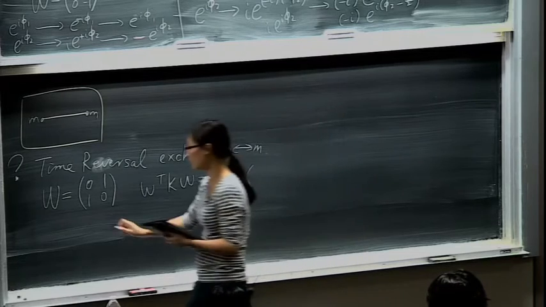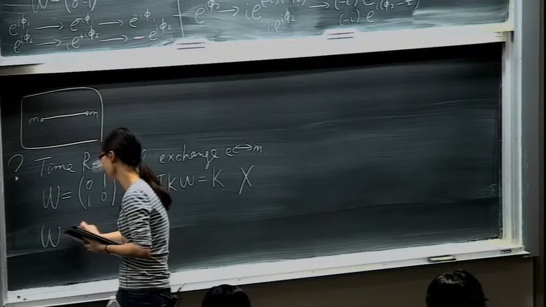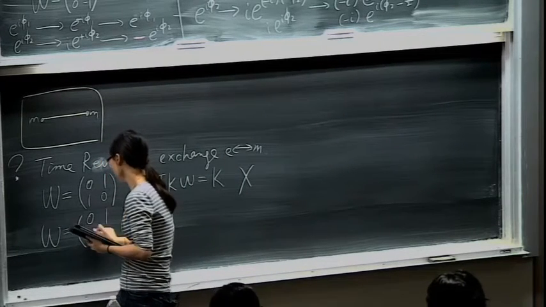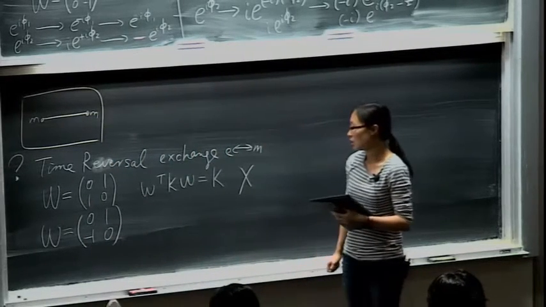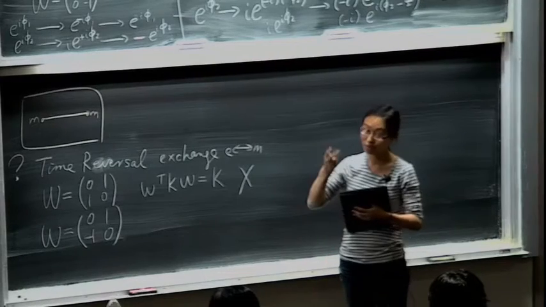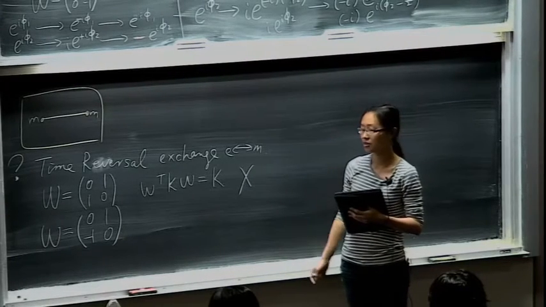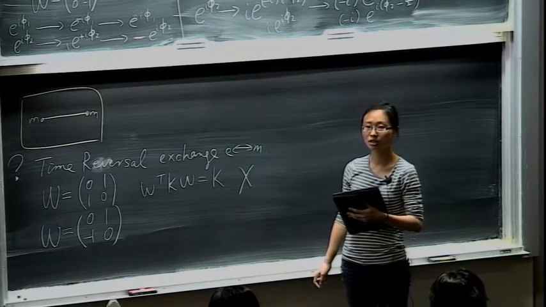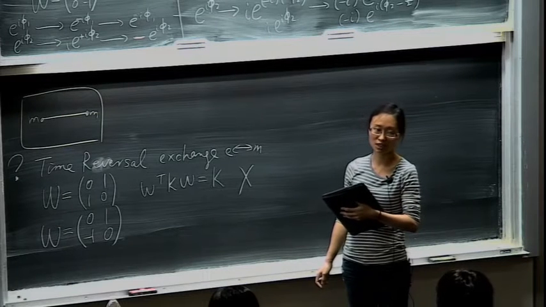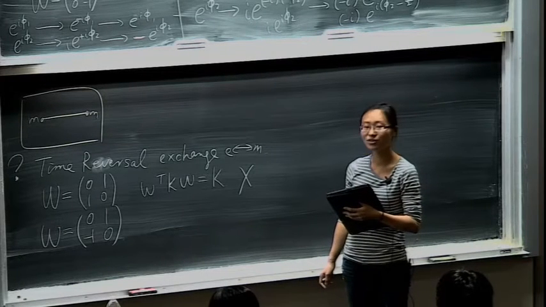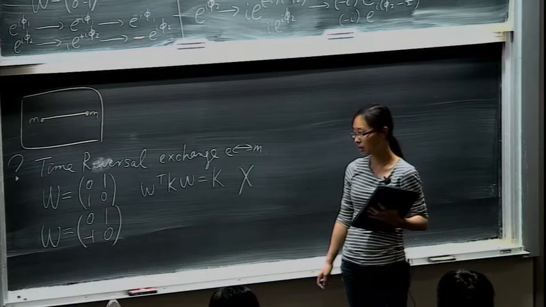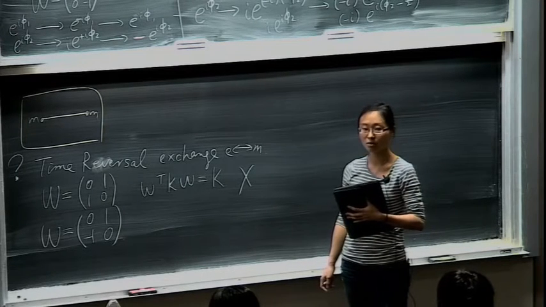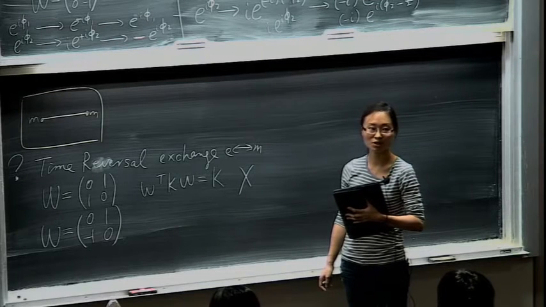And we can come up with another matrix like W equal to 0, 1, minus 1, 0, which does flip 0, 1 and 1, 0, although with an extra minus sign. It seems to exchange E and M and also anti-commute with the K matrix, right?